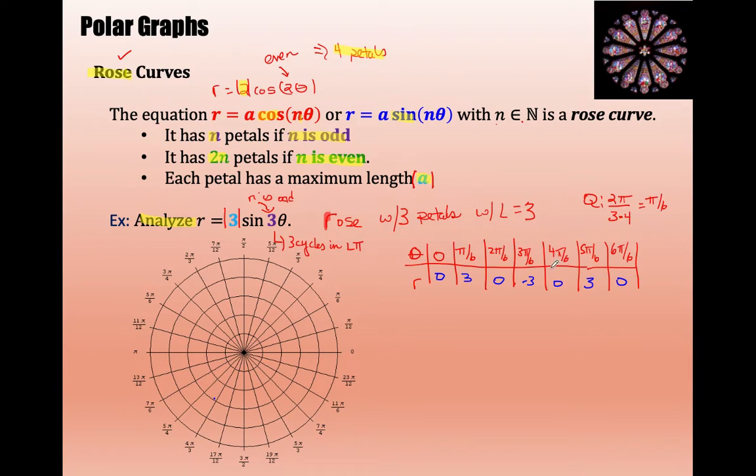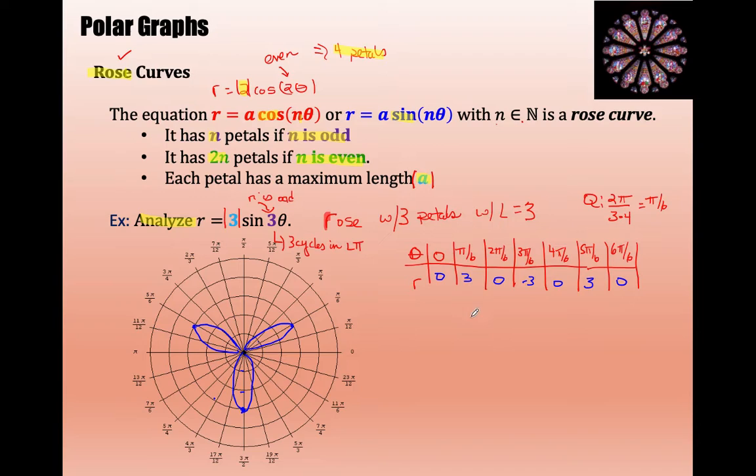And now you've looked at your calculator, so you can tell what this looks like. Do you see that you've got one rose petal here? And then where are your other rose petals? They're along the pi over 6. So what's going on here?